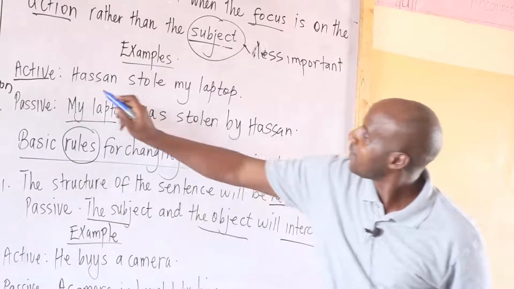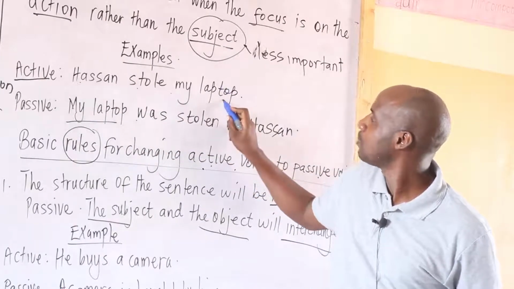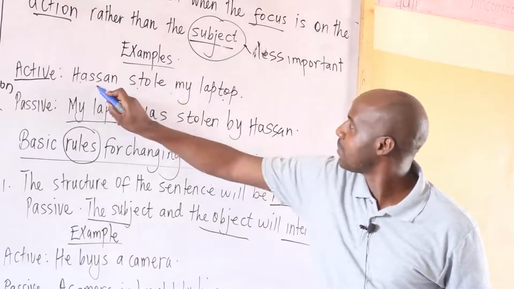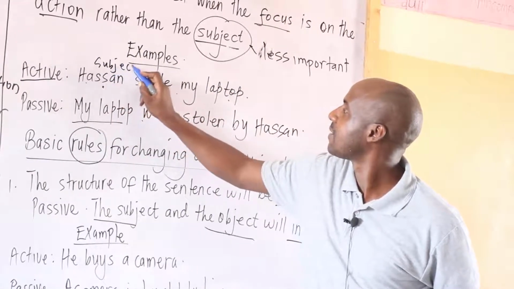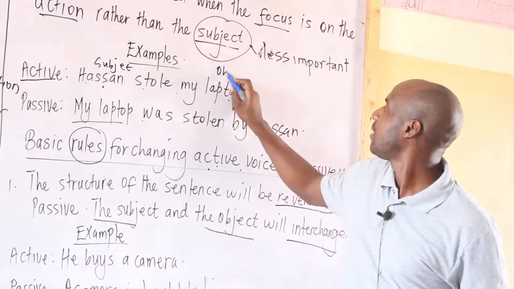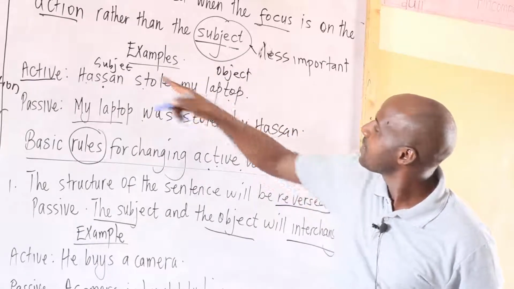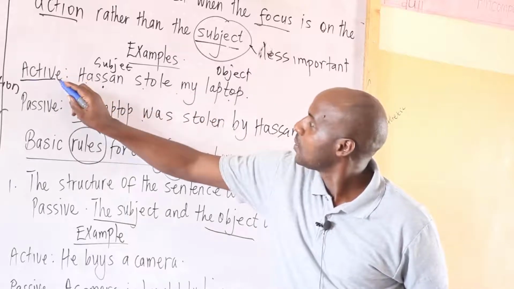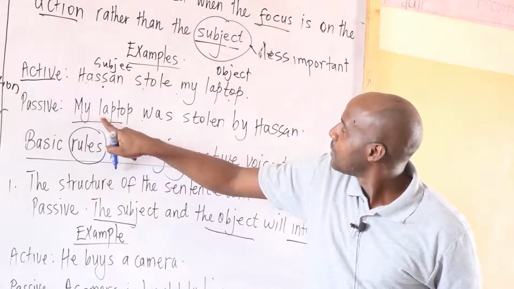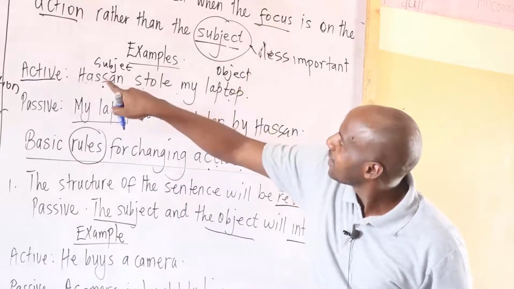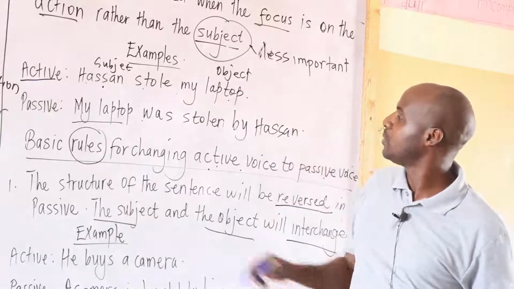For example, Hassan stole my laptop. Hassan is the subject. Laptop is the object. So when you change this one into passive voice, the laptop, the object, will take the place of the subject, and the subject will take the place of the object.